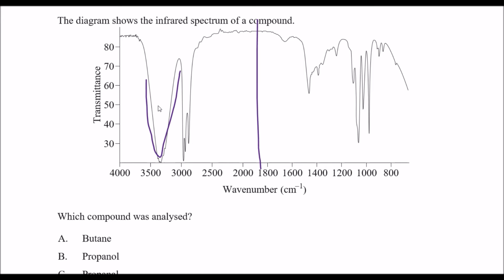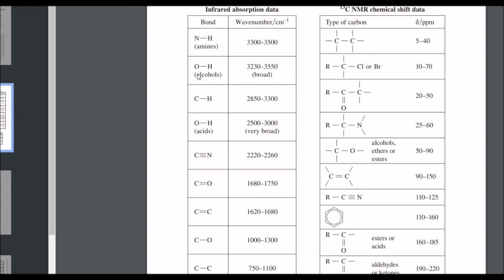If I look at the data sheet, it says that if we have a very broad 3200 to 3500-ish, that would indicate an alcohol. From the 2,500 to 3,000, if it's very broad, it would indicate an acid.